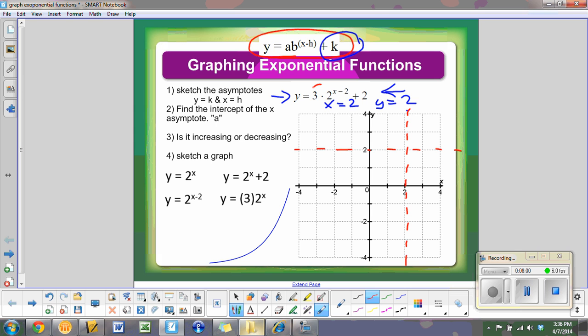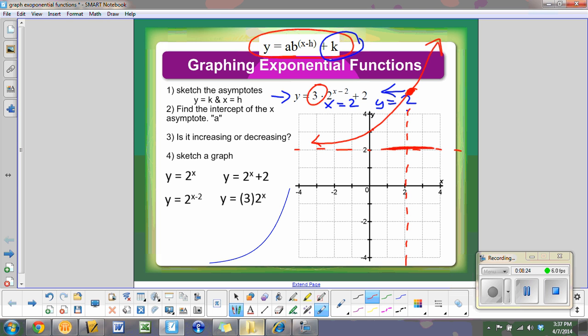And I know that this number means that I am shifting it over 2 and up to that 3, but my starting point was right here at this 3. So 1, 2, and 1, 2 up is right here. Or again, I can go, if I count 3 from my asymptote, 1, 2, 3 gets me there. And then my line is going to look like that.